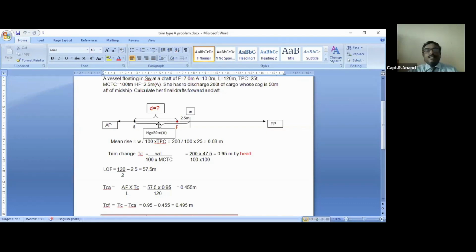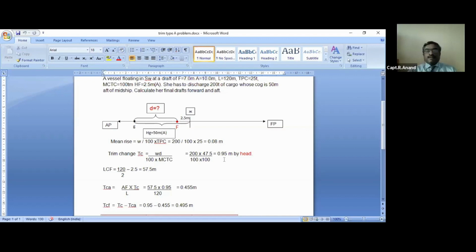Now, from this, can you tell me how much will this distance D from the fulcrum be? 50 minus 2.5, 47.5, which is what I've used in this trim change formula. Because I'm not interested in the distance of the weight from midship, I want it from the fulcrum, which is why the distance D has become 47.5, as you saw from the diagram.